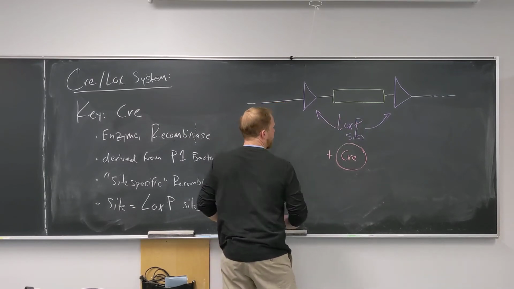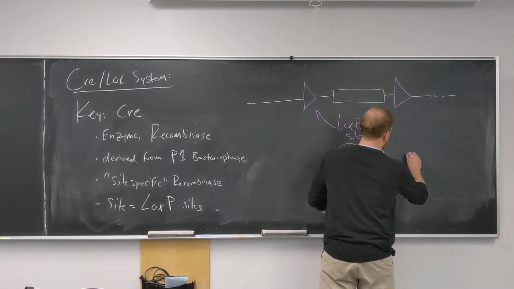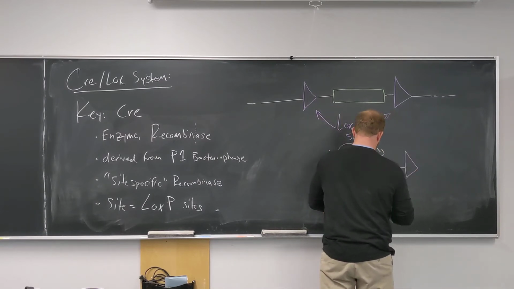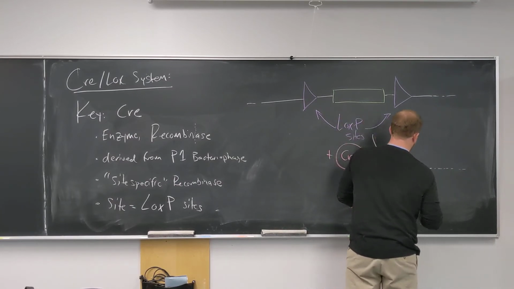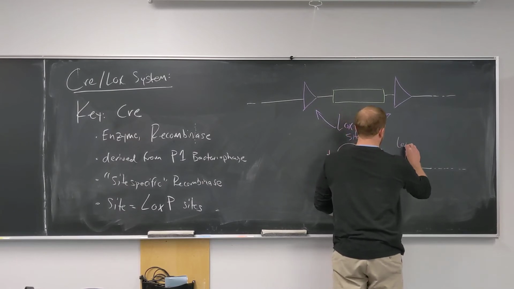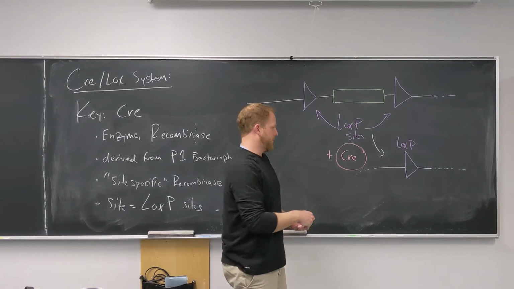So you end up with something that looks like this. A single loxP site is left in the genome, and then this intervening DNA is lopped out as a loop.